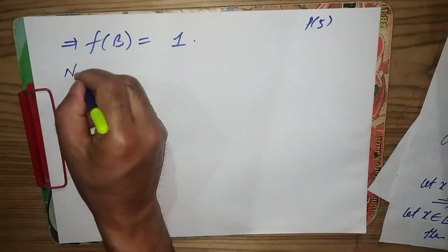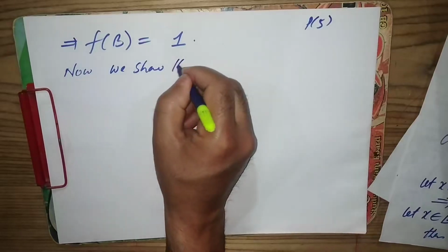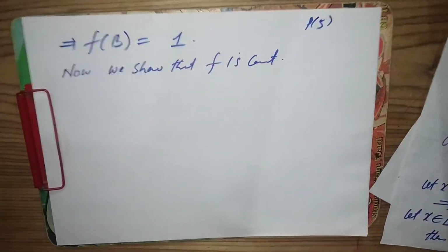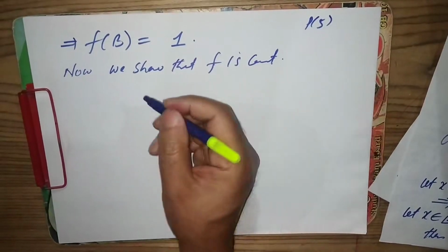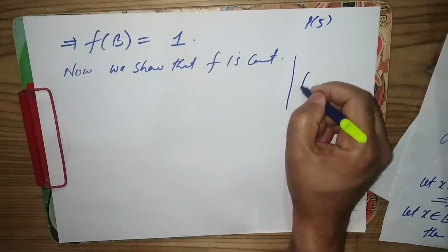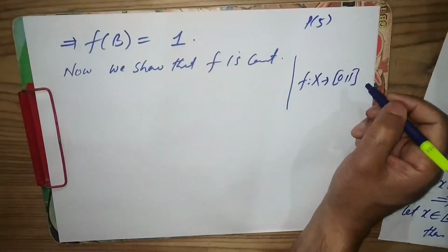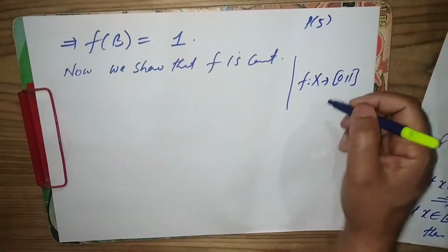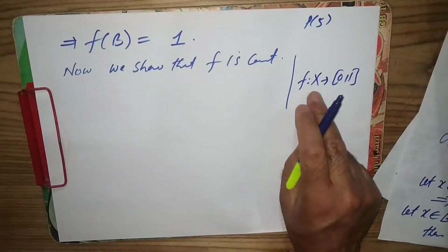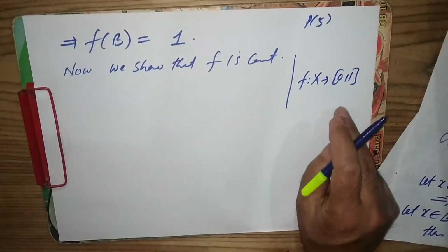Now we prove f is continuous. Here f is a map from X to the interval [0, 1], and by continuous we mean that the inverse image of basic open sets is open, because we know that a map between topological spaces X and Y is continuous if and only if the inverse image of sub-basic open sets is open.